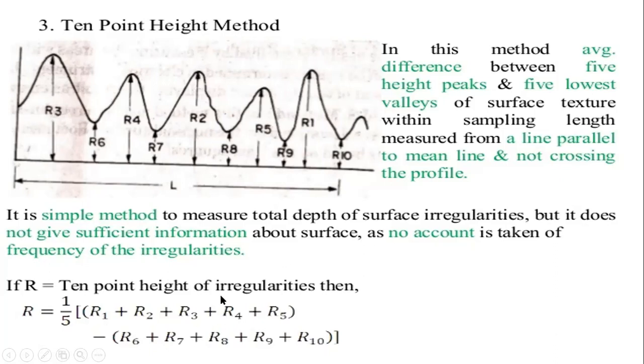So these are the 10-point heights of irregularities with respect to the 5 highest peaks and 5 lowest valleys of the surface texture within the sampling length.